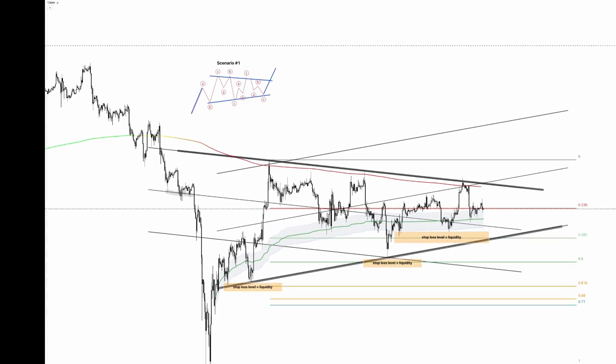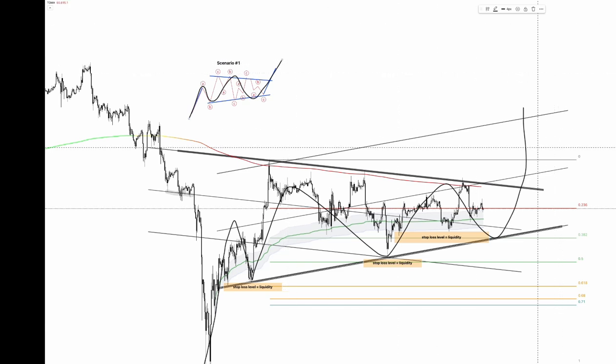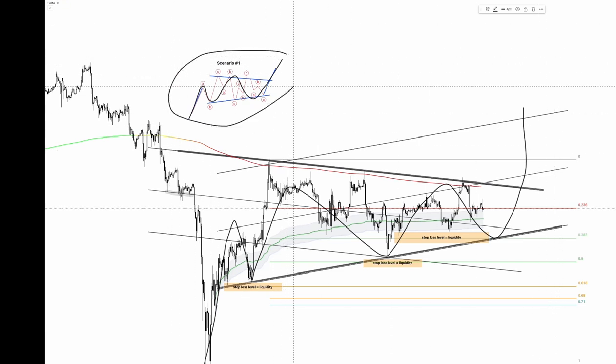So price comes, finds a base, and then we have this motion, and we can potentially go straight up. Simple, a continuation pattern, and off it goes. So that's one typical standard.